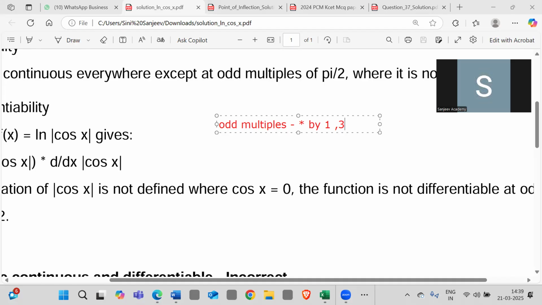Is it possible in the odd multiple? No. Not possible to differentiate. Not differentiable at odd multiples. But if it is 2 pi by 2, then 2 and 2 will get cancelled, I get pi, which means minus 1. That is differentiable. At even multiples, I can differentiate.